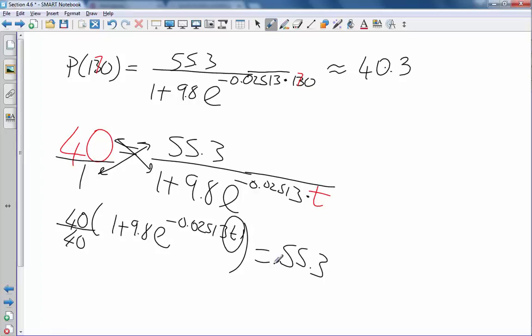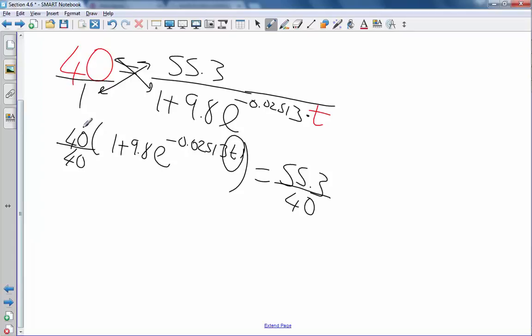So I will divide both sides by 40, and subtract 1 later.